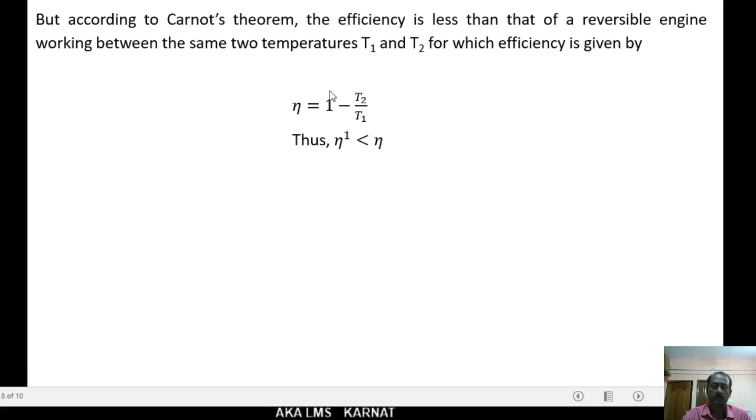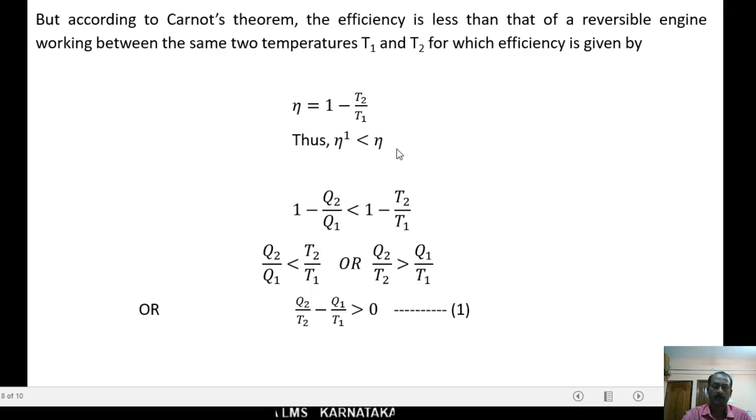Comparing these two, eta dash, the efficiency of irreversible heat engine, is less than the efficiency of reversible engine. On further simplification, according to this condition, eta dash less than eta, therefore 1 minus Q2 by Q1 less than 1 minus T2 by T1.